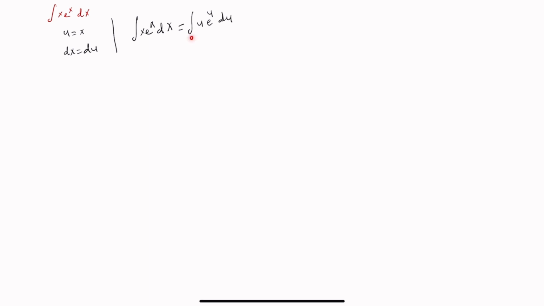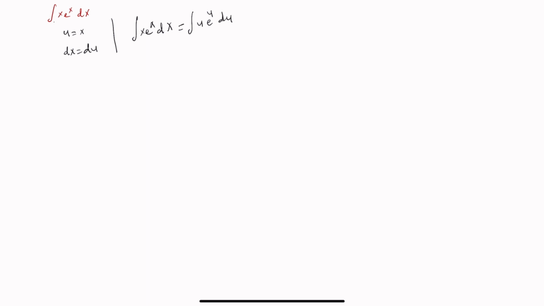Notice in here, this integral is the same as this integral. This one in here with x variable and this one in here with u variable. So u substitution does not work in here. So now let's try to do integration by parts.